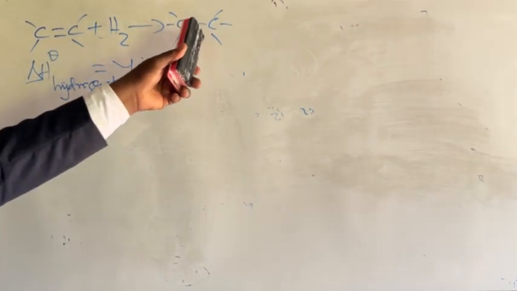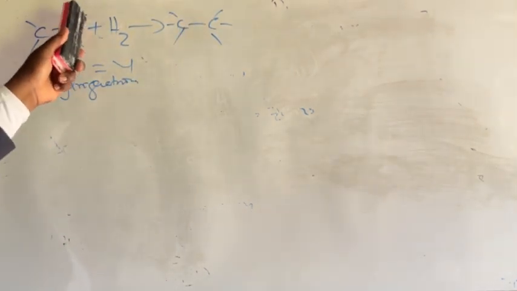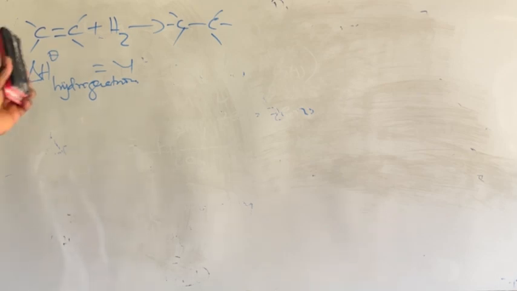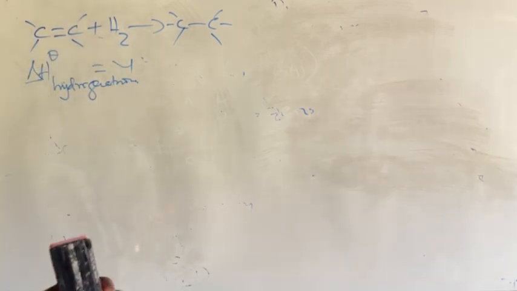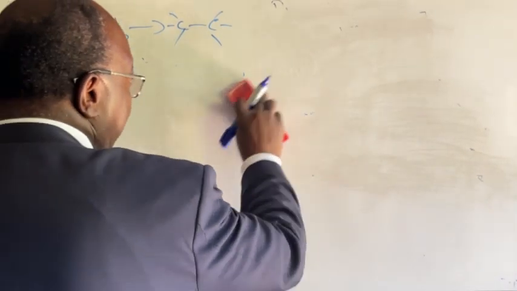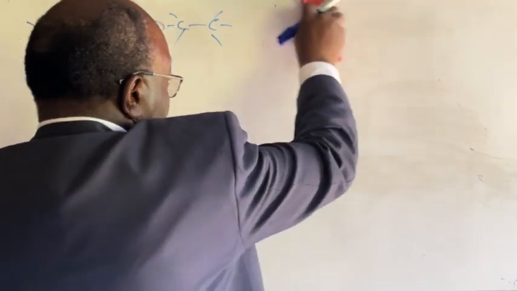Again, you take the enthalpy of ethane minus the enthalpy of ethene and of hydrogen. Remember, hydrogen is an element, so that will straight away be 0. Of course, you will have to balance your equation so that it is always stoichiometrically correct. In other words, you must always balance your atoms. Very important for us to note that.